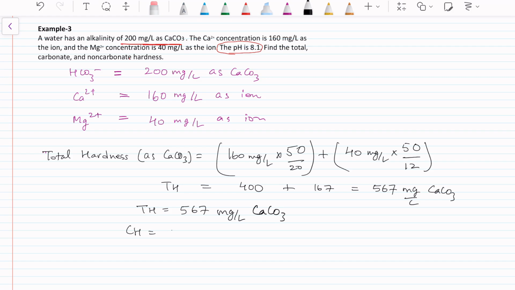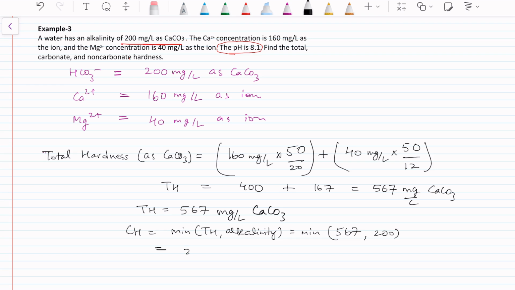the smaller value of the total hardness and alkalinity. In this case, total hardness is 567 and alkalinity is 200.